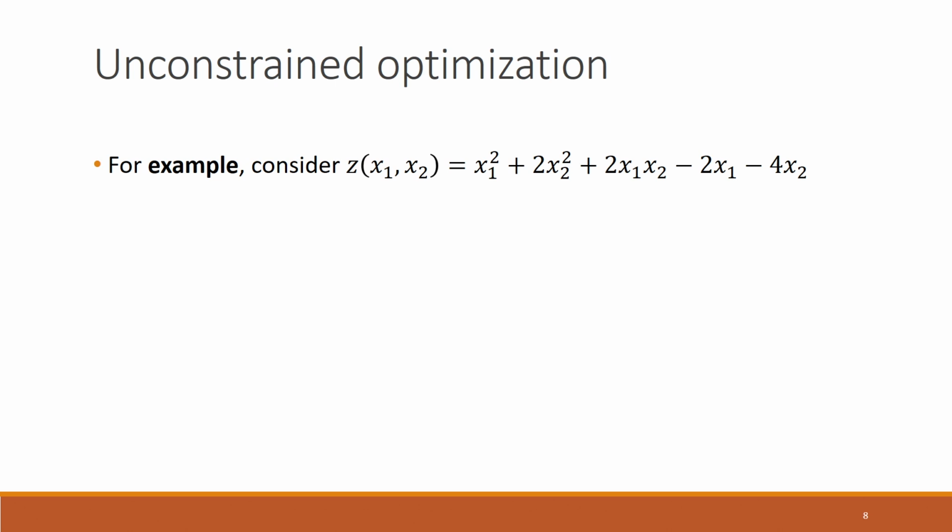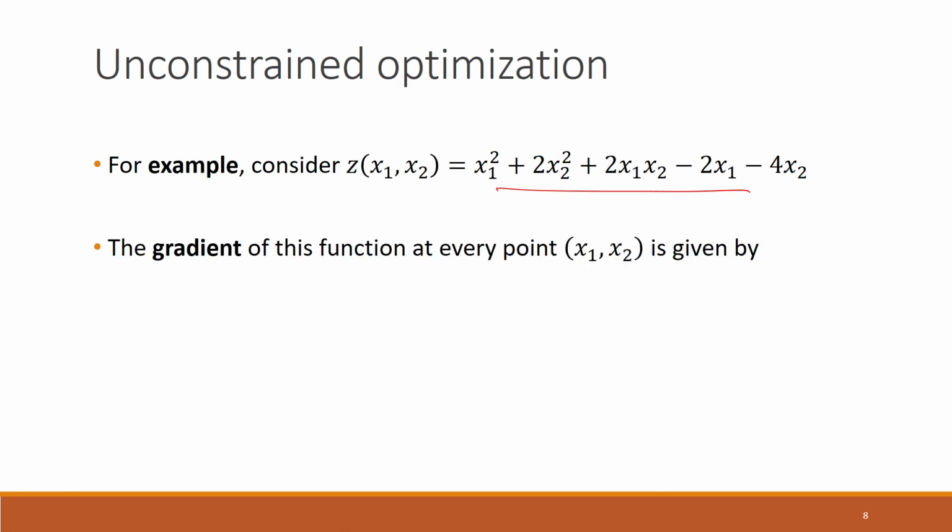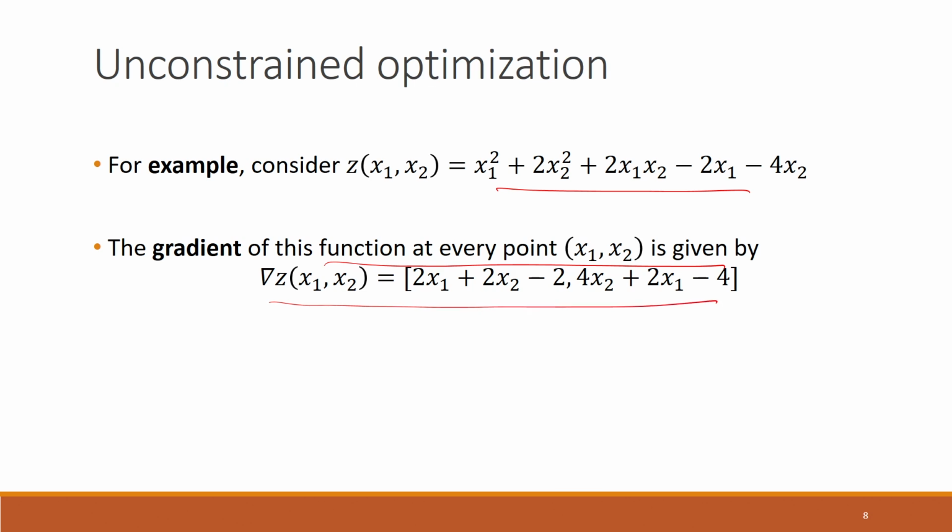Let us consider this example here, this function which is varying with x1, x2. Now the gradient of this function at every point x1, x2 is given by this. So how did this come? We first took the partial derivative with respect to x1. So here we will get 2x1, then from here 2x2, and then minus 2.